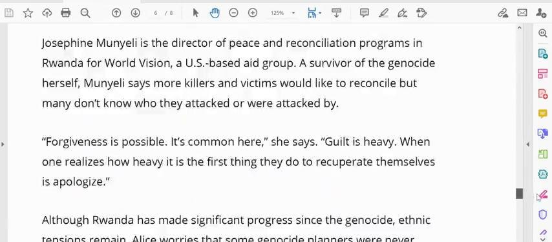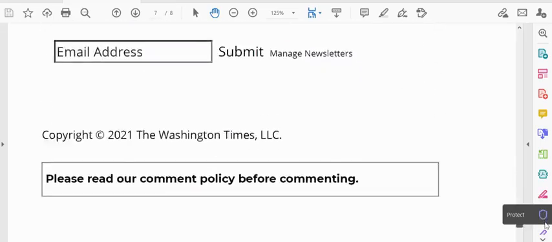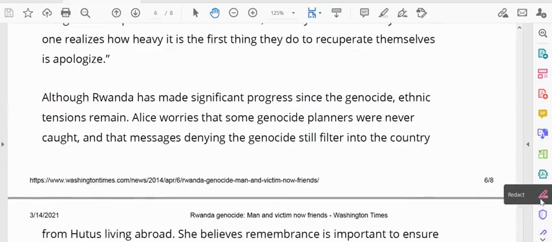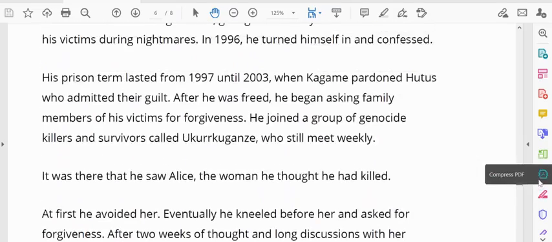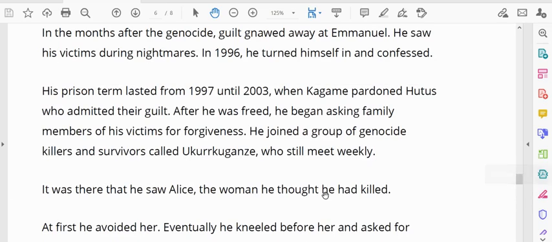Now let's look at what's going on today. It's talking about this group. Now, personally, I copy it, Control C, after I highlighted it. It's a group of genocide killers and survivors called Ukuri Kuganze.